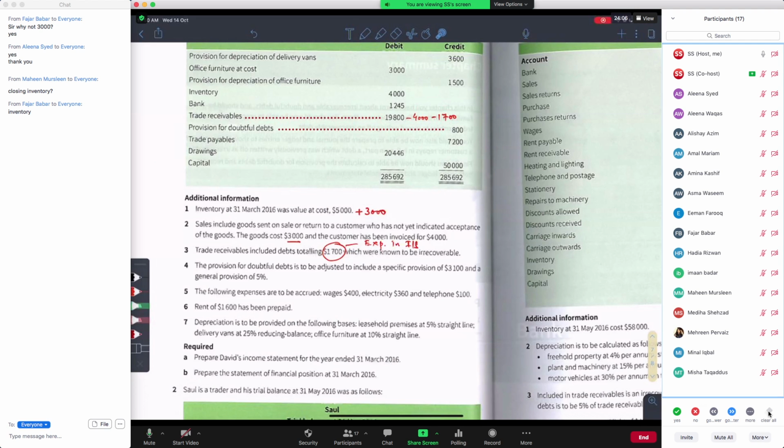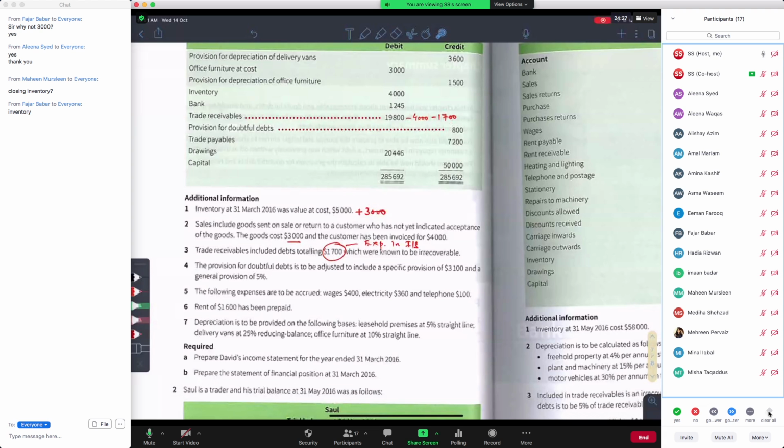So a specific provision for all accounting purposes is exactly the same as a bad debt. So just like we treat a normal regular bad debt, if we come across a specific provision, we will not treat it like a provision for doubtful debts. That specific provision will be treated exactly like a bad debt.